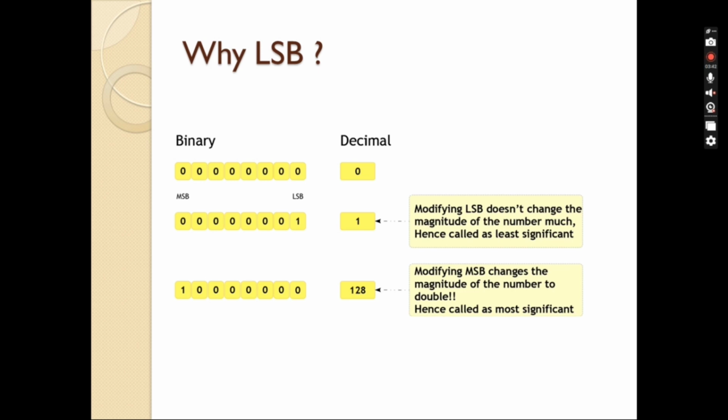We are going to get a very big value, which may make a lot of changes and may affect our image. That's the problem. So that's why we use LSB, because changing a small value doesn't affect much.